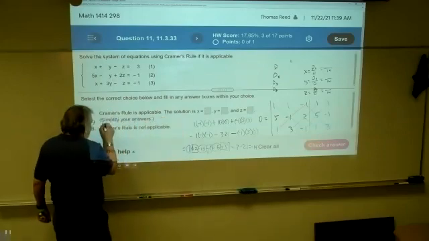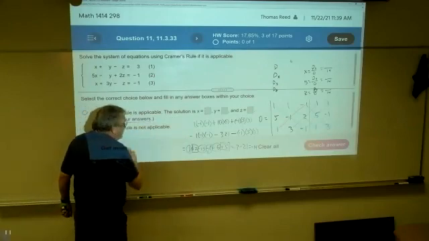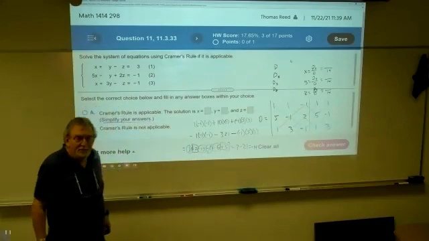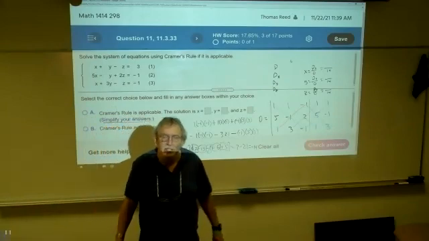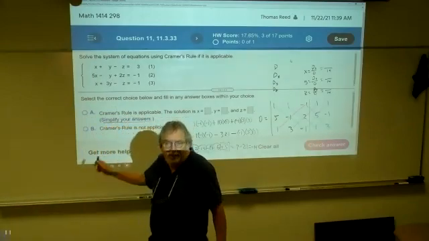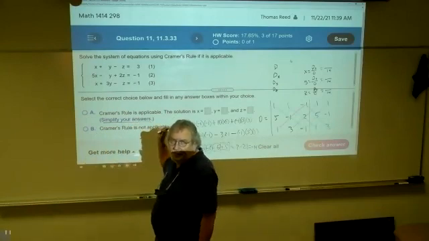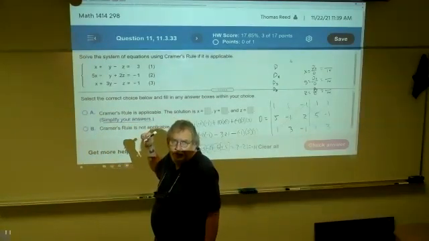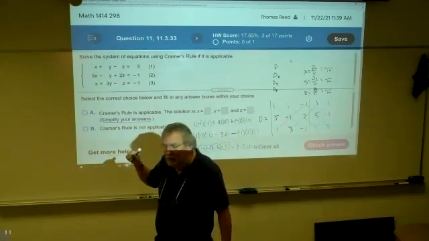They put here, simplify your answers. That's a huge hint. When they do not say write your answers as integers or fractions, that means that these are going to be integer answers. All right, I think they are.